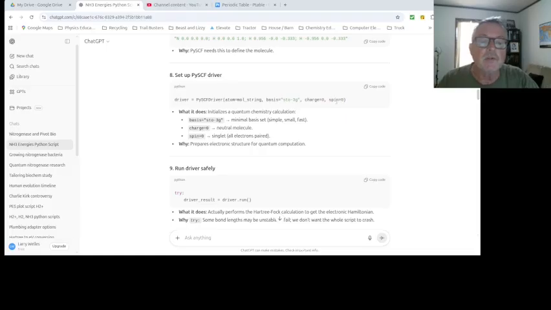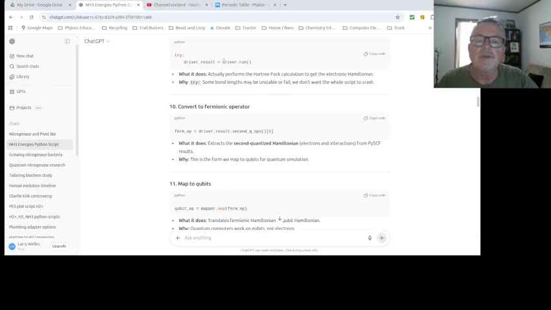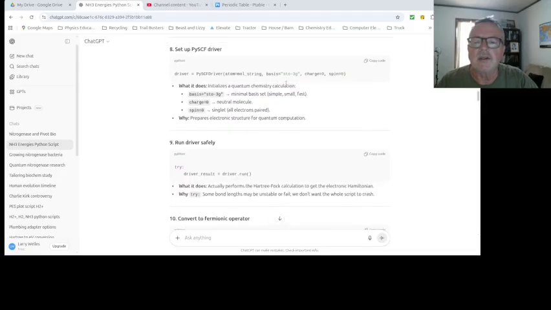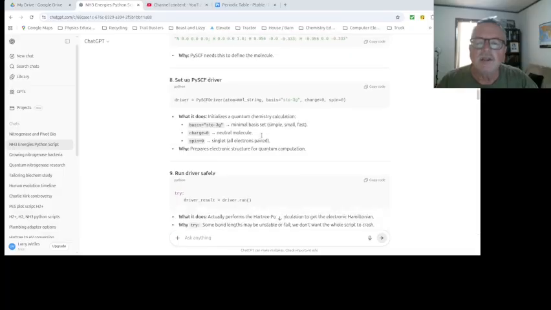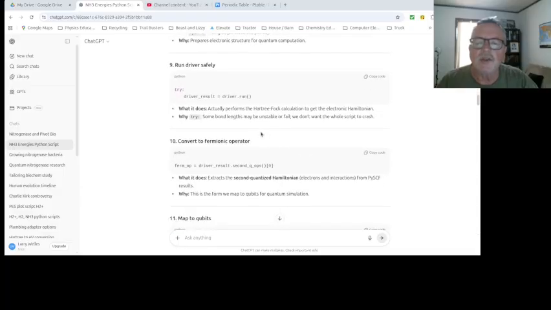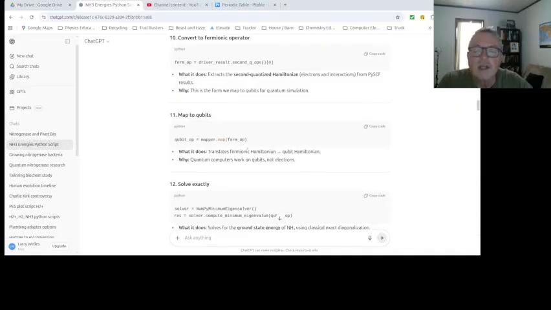The spin 0 means all the electron spins are matched up, which is what they are in a molecule very typically. Here we have the driver. What's the driver? Well, the driver was defined farther up here by this thing. See, we define the driver, and then once we actually run that driver down here, that gives us the result. And then finally we take that fermion operator and we map it to a qubit.